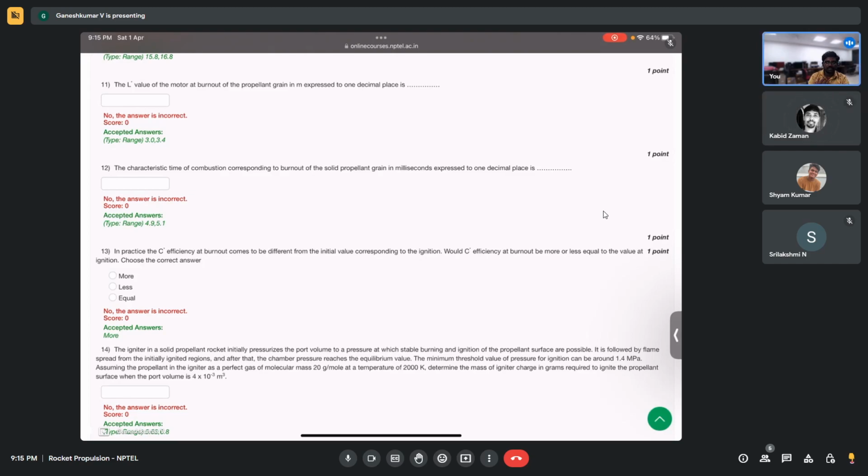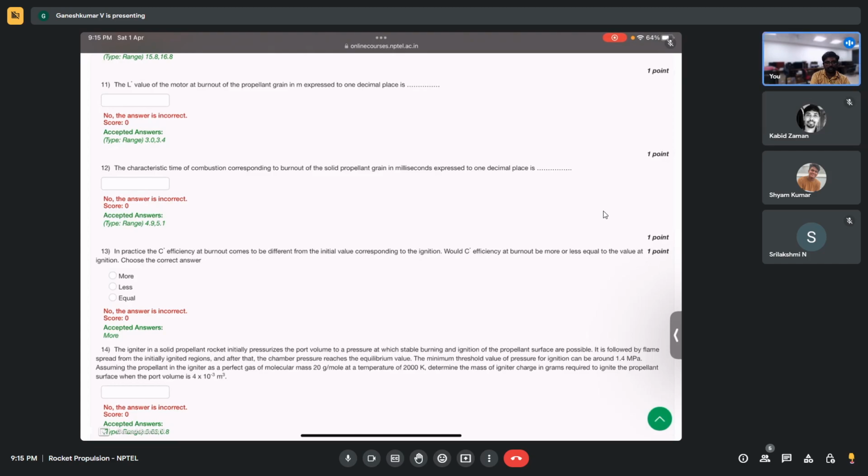First it will ignite, and then the flame has to spread. That is the ignition. Once the flame is spread, ignition is over. But there is this time for the pressure buildup to reach equilibrium. So burnout means at the end of ignition or at the end of the total burnout of the grain.